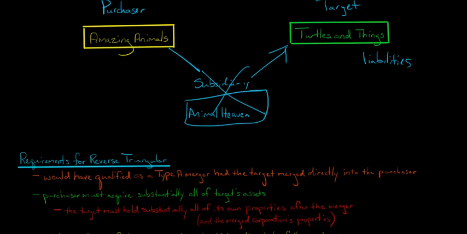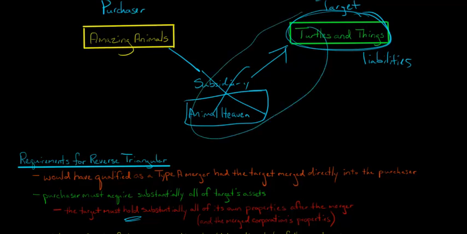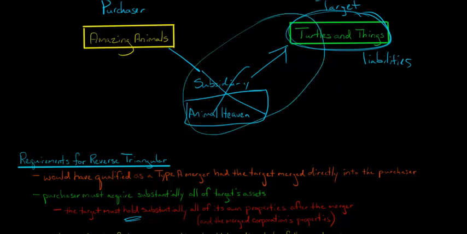After the merger is complete, after the subsidiary has been merged into Turtles and Things, the target must hold substantially all of its own properties. And if we look jointly at the target's and the subsidiary's properties, Turtles and Things after the merger must hold substantially all of the assets of both of them.